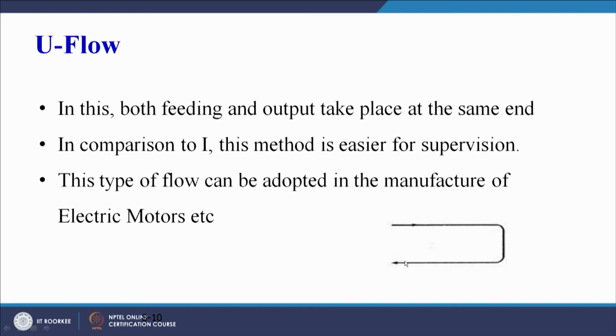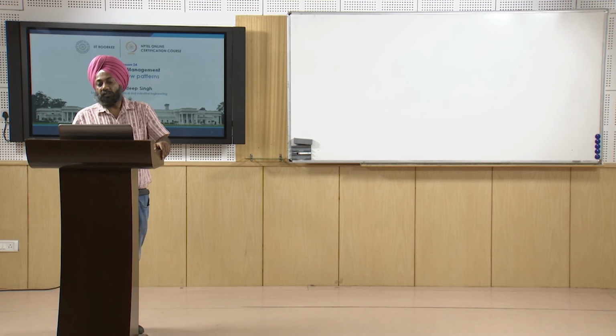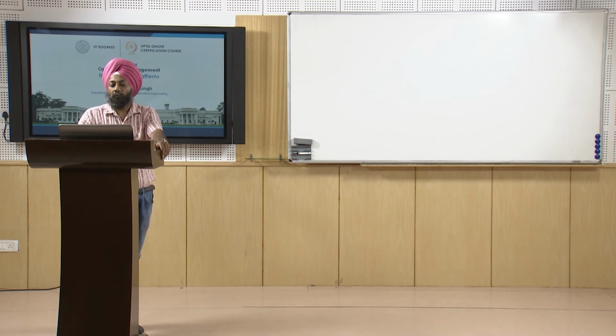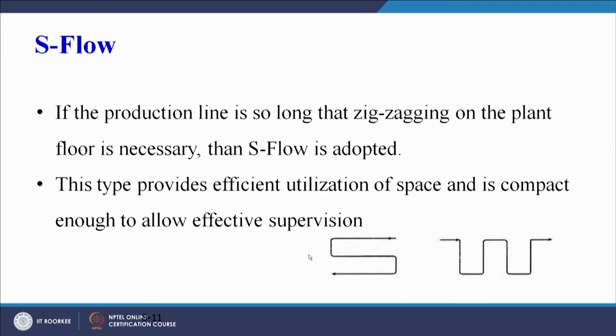In comparison to I, this method is easier for supervision, because in between is the arrangement of machines, so one person can keep a check on both sides. That gives ease of supervision and control, and this type can be adopted in the manufacturing of electric motors.